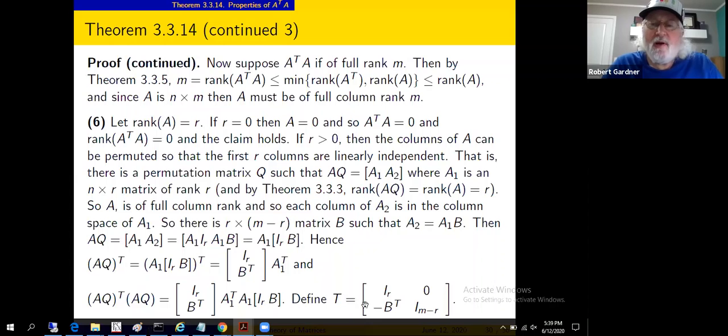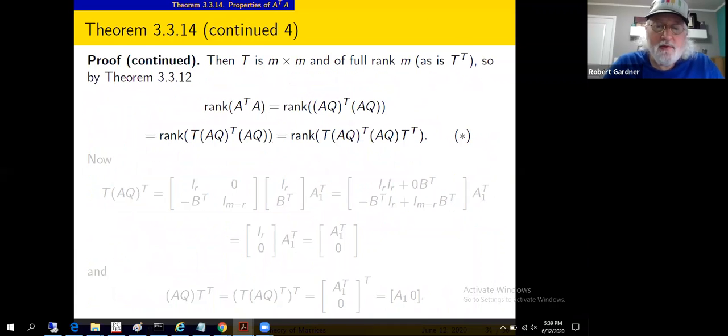We're going to define matrix T to be this partition matrix: R by R identity, R by M minus R zero matrix over here, negative B transpose, and another identity matrix. Any observations about this matrix T, other than why you would want to do this?